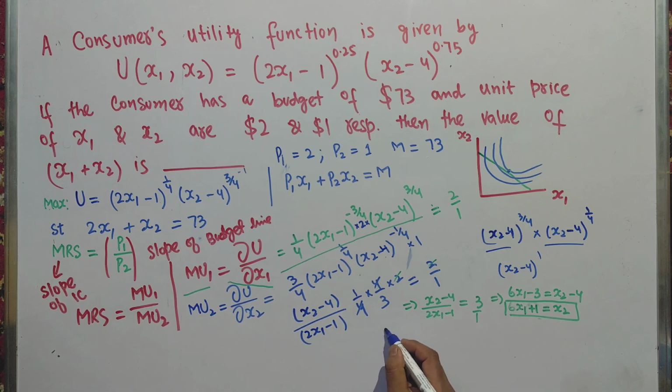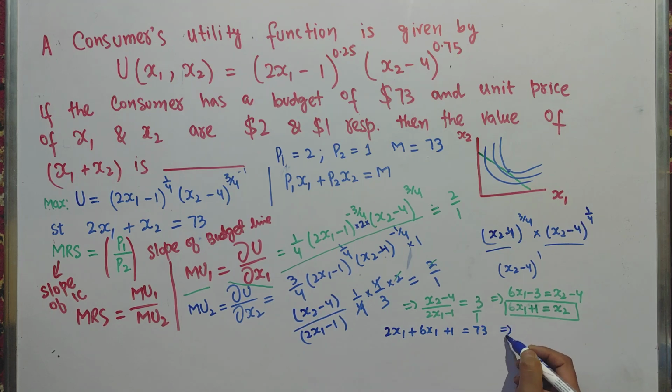Okay, so we have 2x1 plus x2 is equal to this stuff, 6x1 plus 1 is equal to 73, so we have 6x1 plus 2x1 comes out to be 8x1 is equal to, transposing this one, it will get subtracted. 73 minus 1 is 72. Dividing both sides by 8, we will get x1 will be equal to 9. Okay, so the optimal value of x1 is 9.